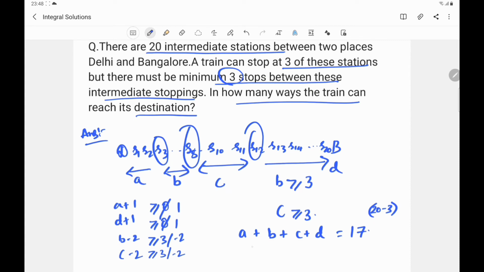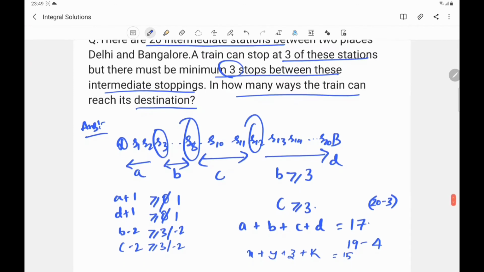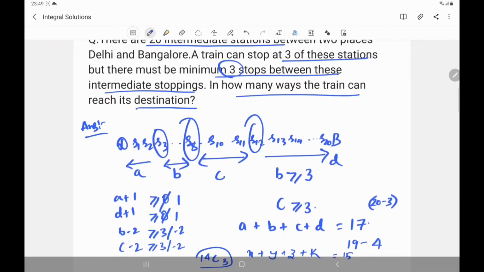In this 17, we have to add 2 for A and D, so it will become 19, and then we have to subtract another 4 for B and C, so this will eventually become 15. Assume x plus y plus z plus k equals 15, there will be 14 gaps, I need to select 3, so this is the final answer.